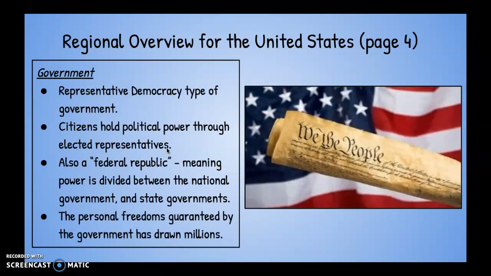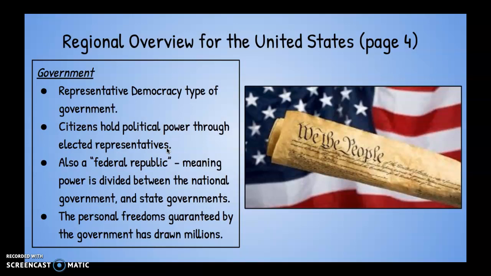Your 4th and final slide for this direct instruction this week is focused on our government. This is maybe a little bit of a review of some of your notes, so it's okay if you say, that bullet point I already have, I'm not going to write it down. If you want to write them all down, go for it. There are 4 bullet points.